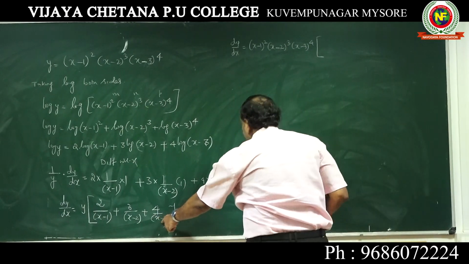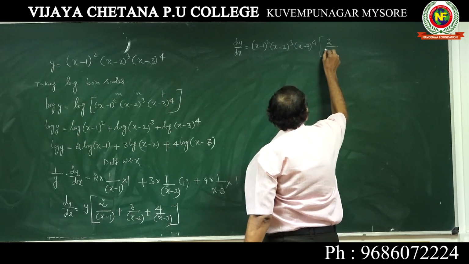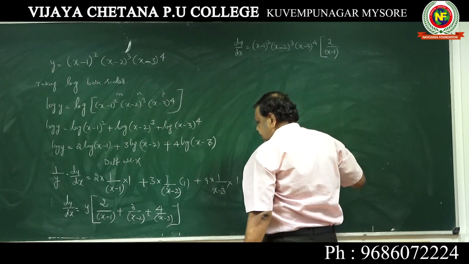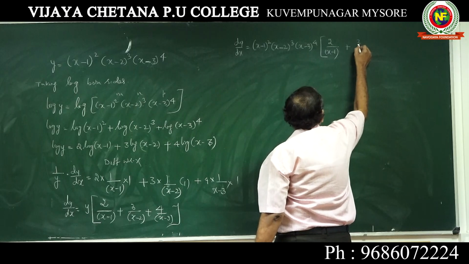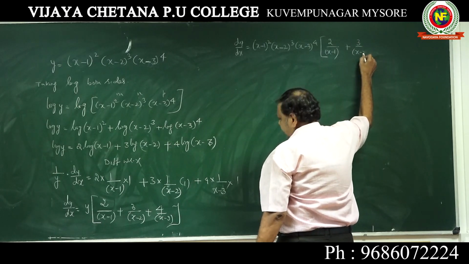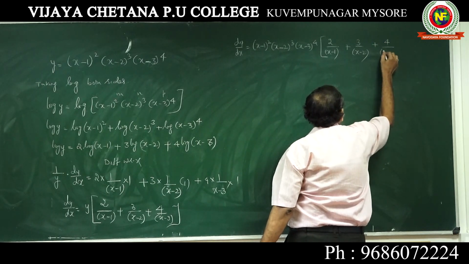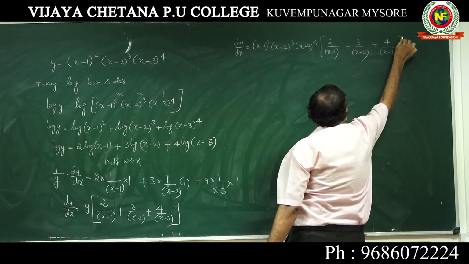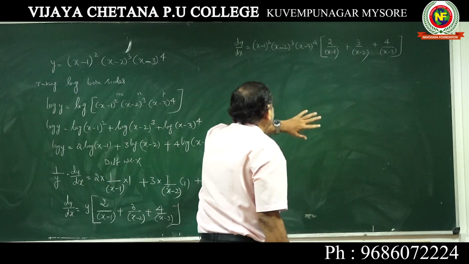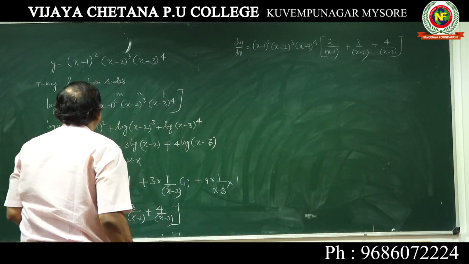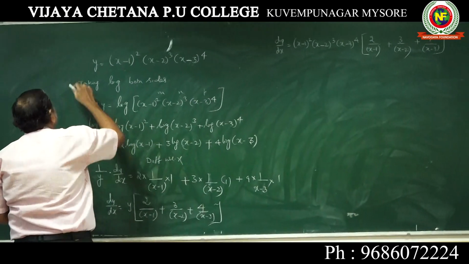You have to write the answer: 2 over (x minus 1) plus 3 over (x minus 2) plus 4 over (x minus 3). This is the final answer. Here you should write y into so much, and that is the final answer. I will explain again. This is an important problem for examination.